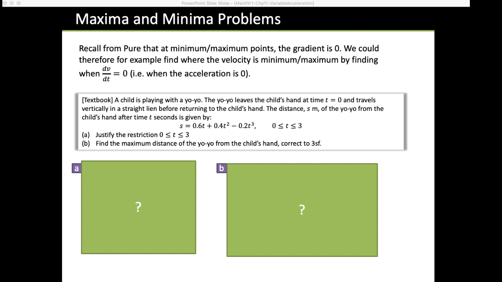Justify the restrictions 0 is less than or equal to t is less than or equal to 3, and find the maximum distance of the yo-yo from the child's hand, correct to 3 significant figures.